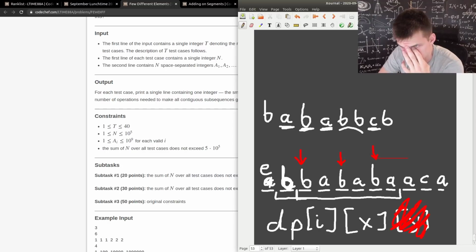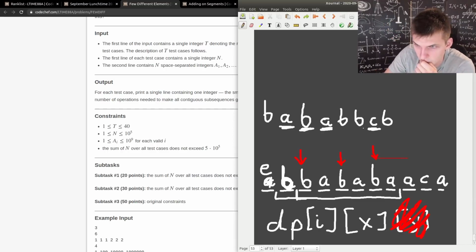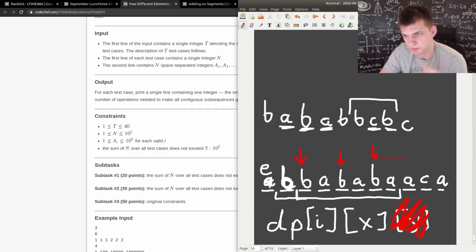Now those two, they could be as well A and C. I mean, this could be A, this could be C. Can I change them both to A? No, because I will mess up this.